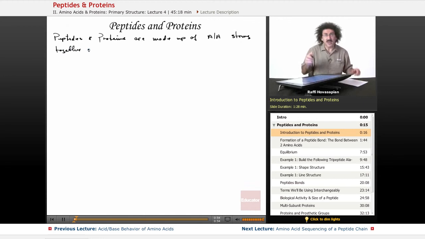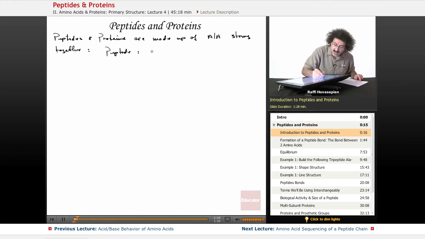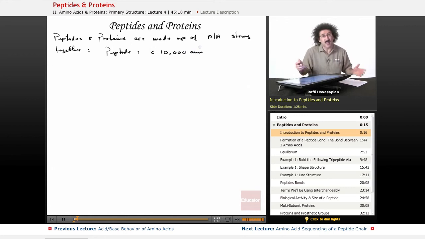Now you're probably wondering, peptide, protein, what's the difference? The truth is there is no difference. There's just a bunch of names that are used for proteins, amino acids that are strung together. In general, if you want, you can think of a peptide as being anything less than about 10,000 atomic mass units. So a molar mass of about 10,000 or less.